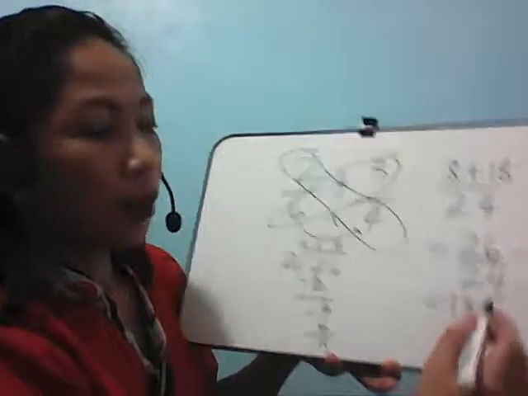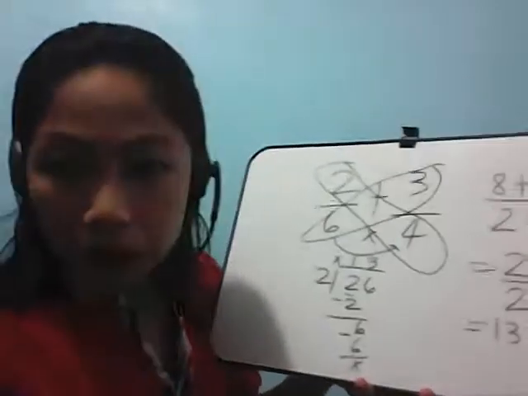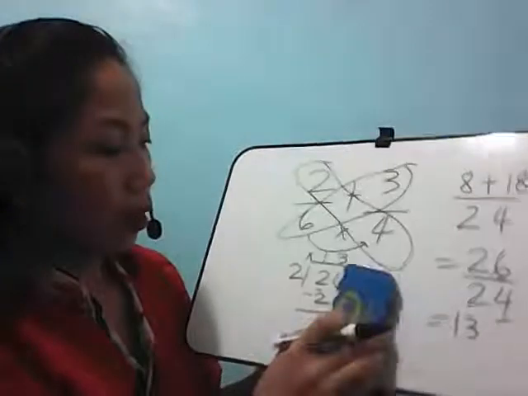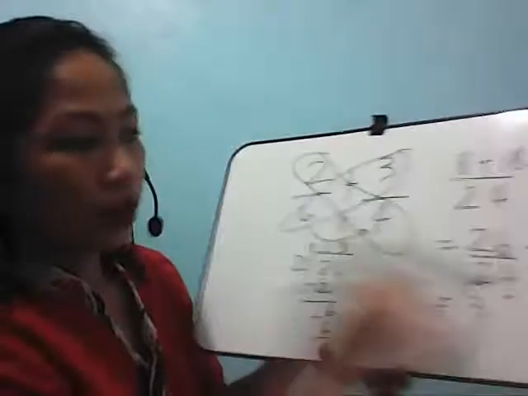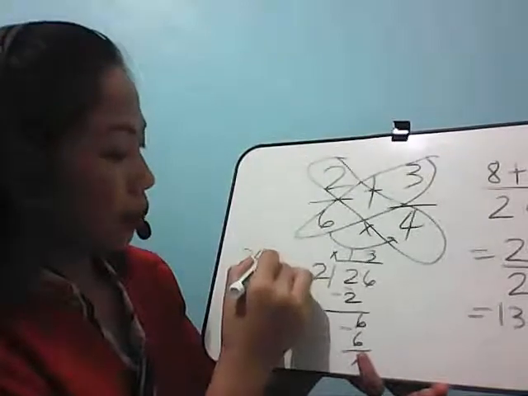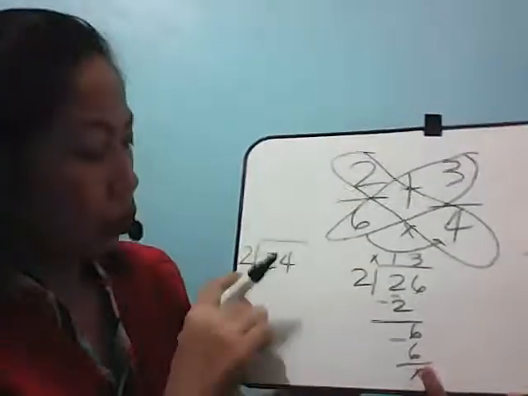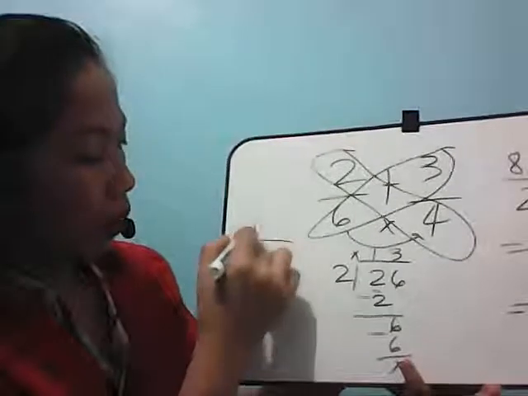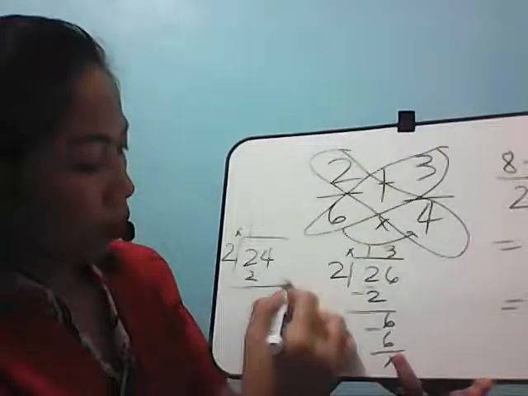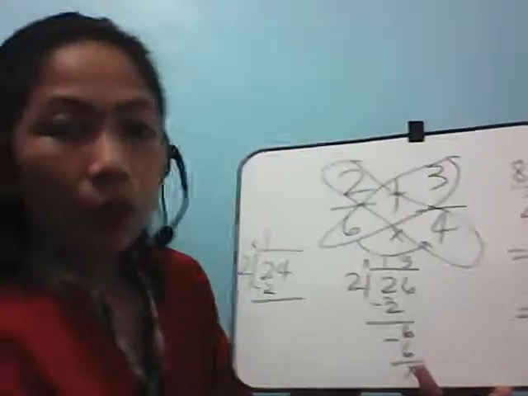What about 24 divided by 2? 13, yes, correct. Let's go to 24 divided by 2. 2 divided by 2 is 1. 1 times 2 is 2. Then 2 minus 2 is 0, so we will not write the 0.